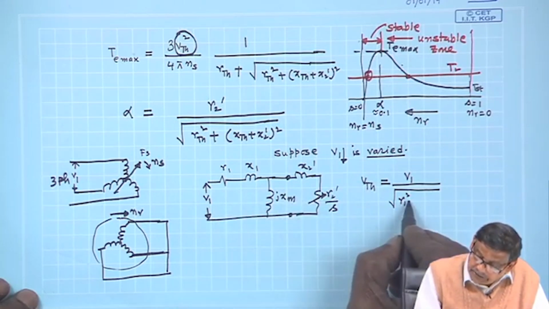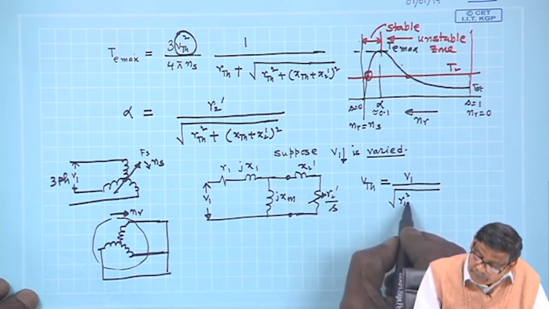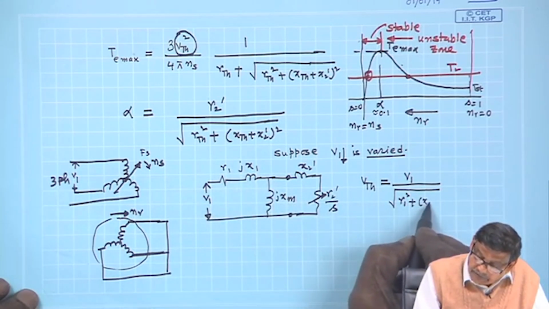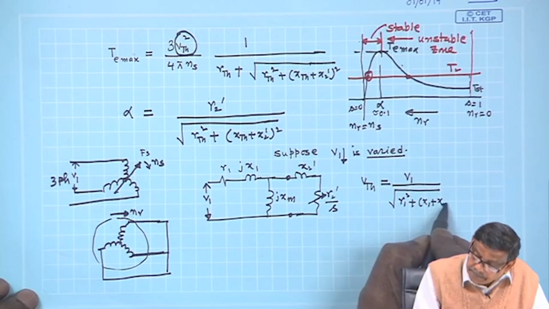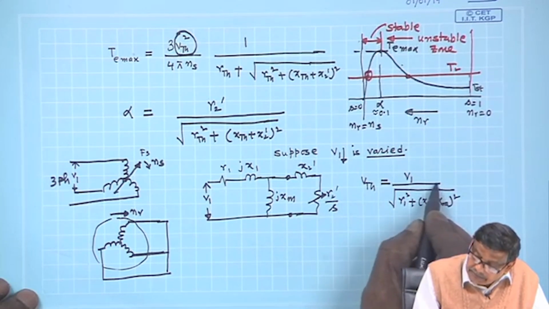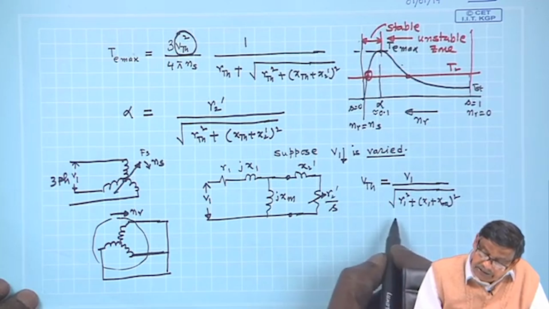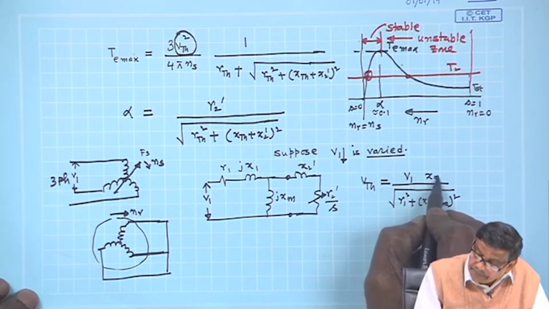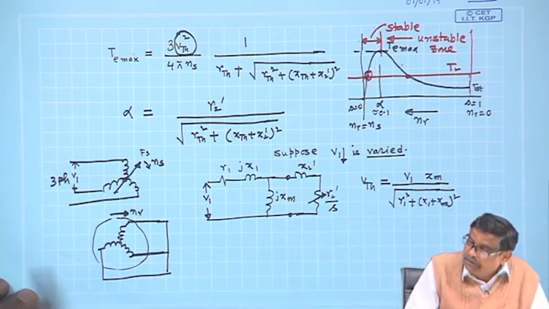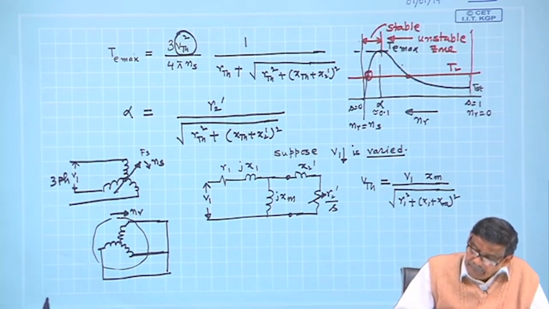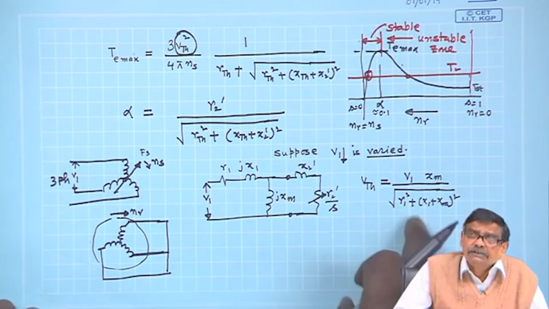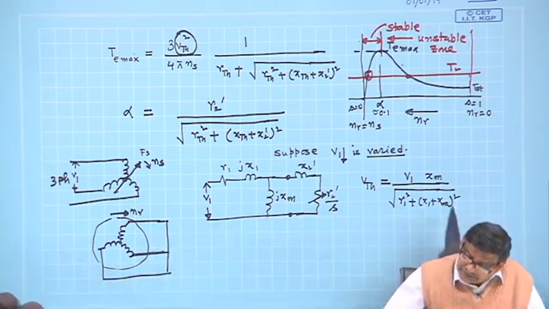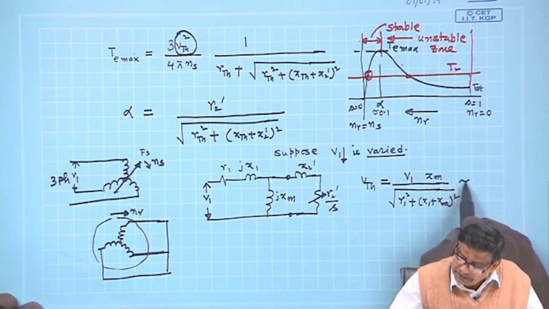That will be the magnitude of the voltage. Generally R1 and X1 are small.